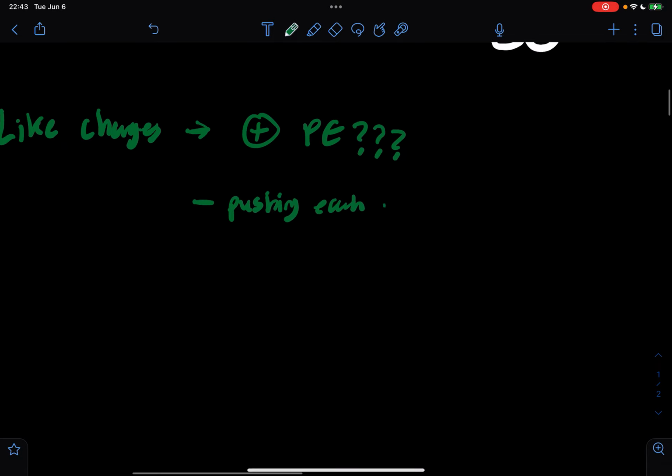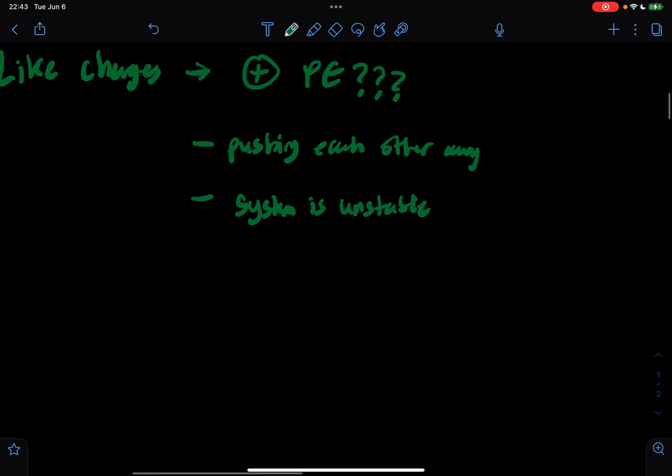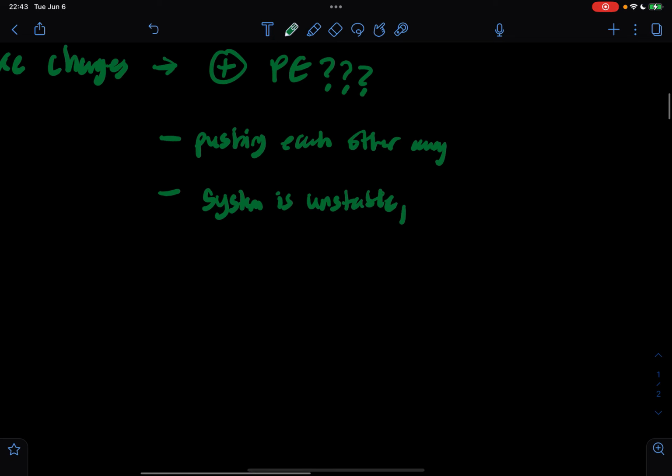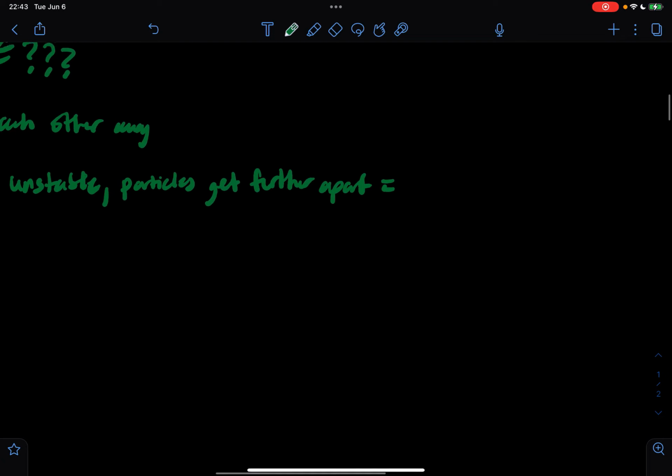They don't want to be around each other. And what this means is that work is needed to bring the repelled particles together. Or in other words, the system is unstable and it gains stability by making the particles get further apart. So, further apart, we gain stability when that happens.